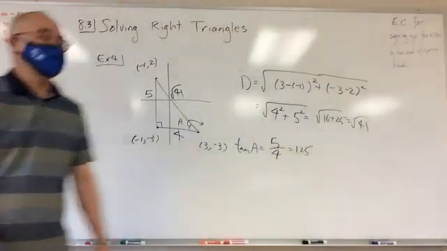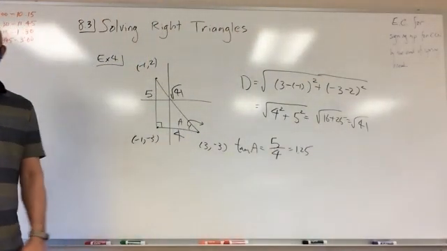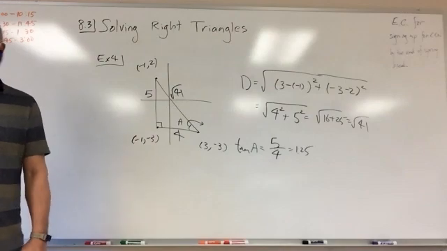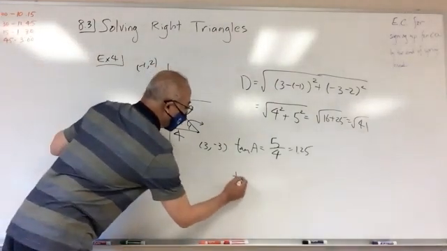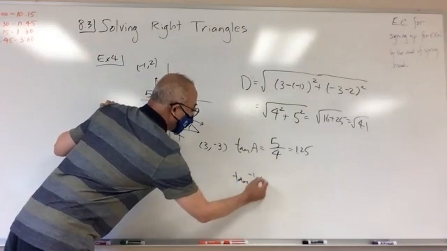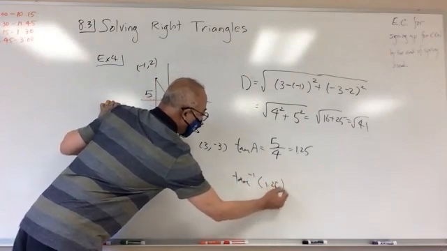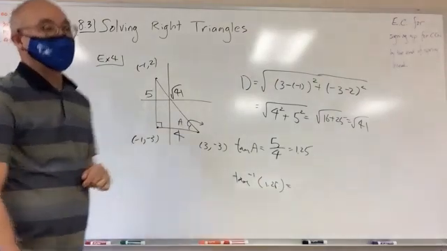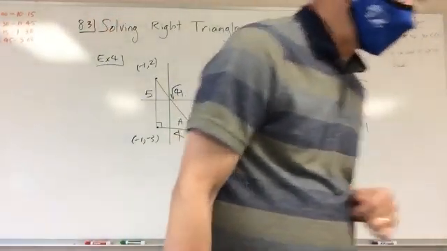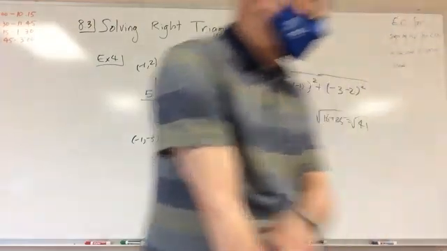So how would I solve this in my calculator? I would find the arc tangent, right? The arc tangent of 1.25. I can find an angle there. If you do that, looks like I'm going to get 51 degrees.